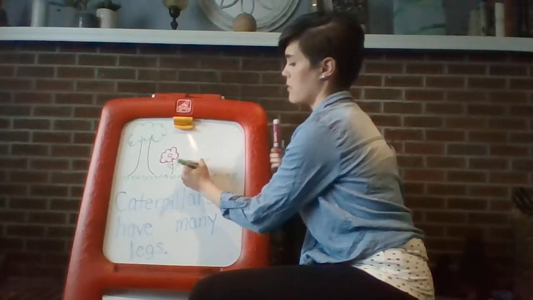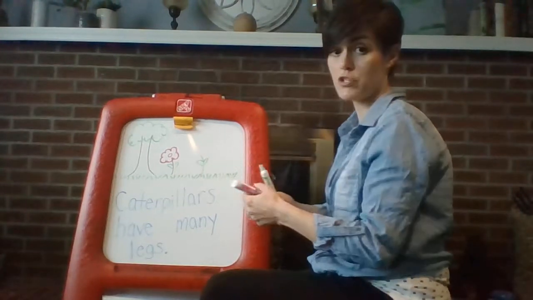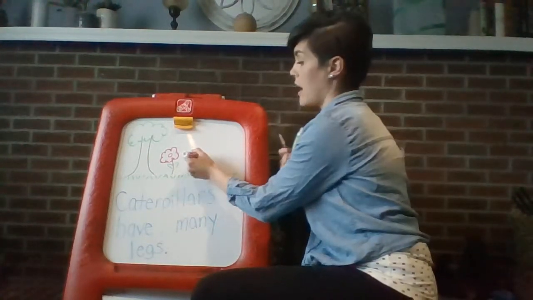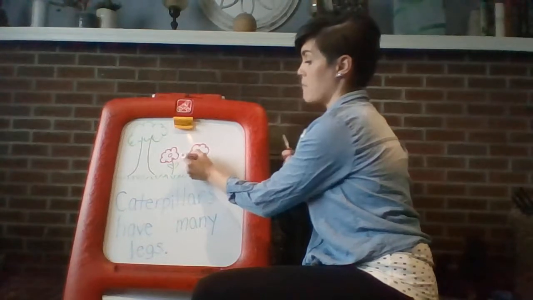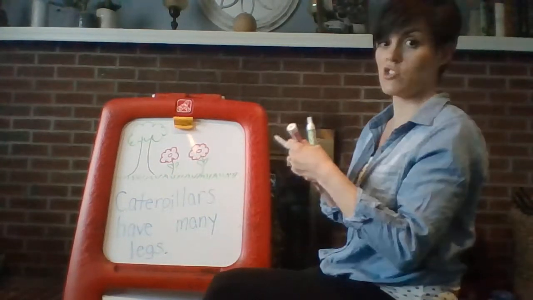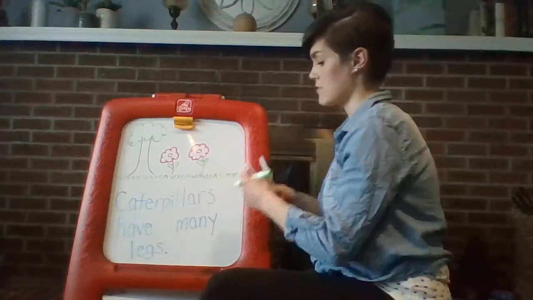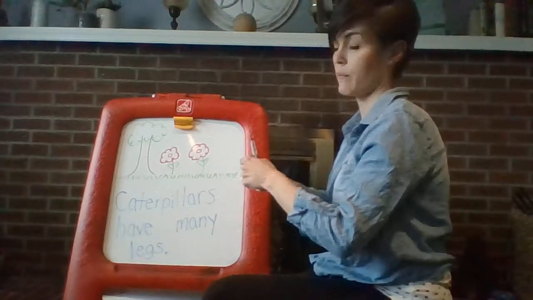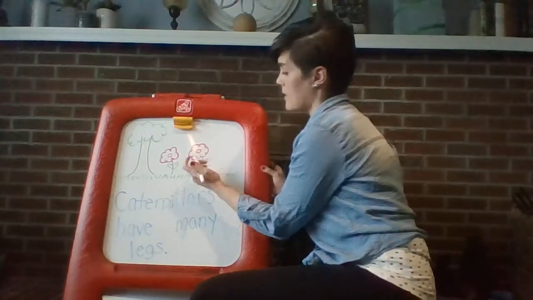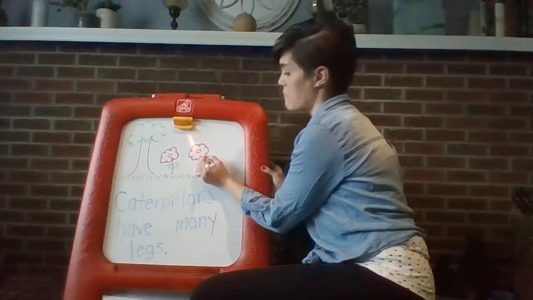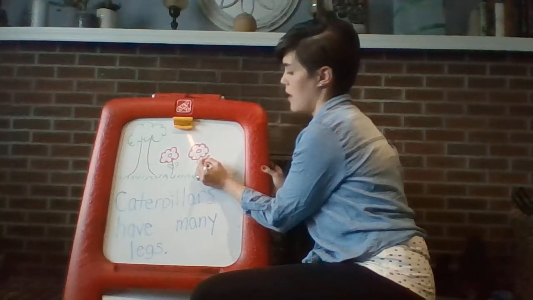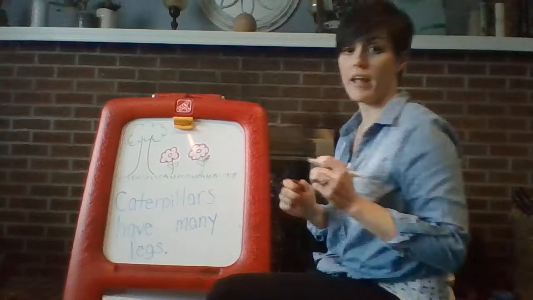What's really important though is that when I draw my picture of my caterpillar, I'm showing you that it does have many legs. I know it's going to be kind of hard to see because the camera is kind of far away from me here, but when I draw my caterpillar crawling on this leaf and eating it, I need to include all of those legs that it has.